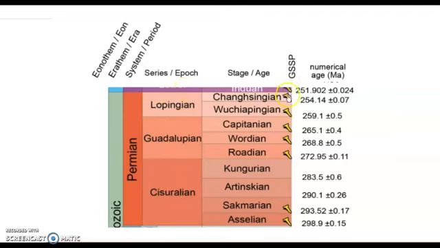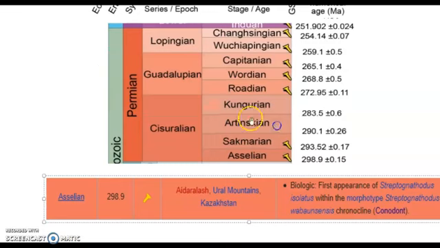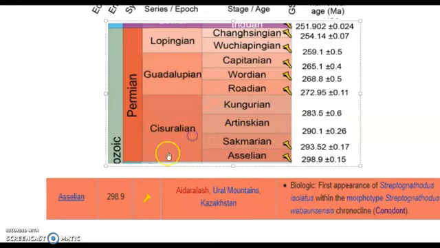I have discussed the difference between eonothem, eon, erathem, era, system and period in the previous videos. I've also discussed what the GSSP is. The lower GSSP of the Permian period is the Asselian stage, which is marked by the conodont.